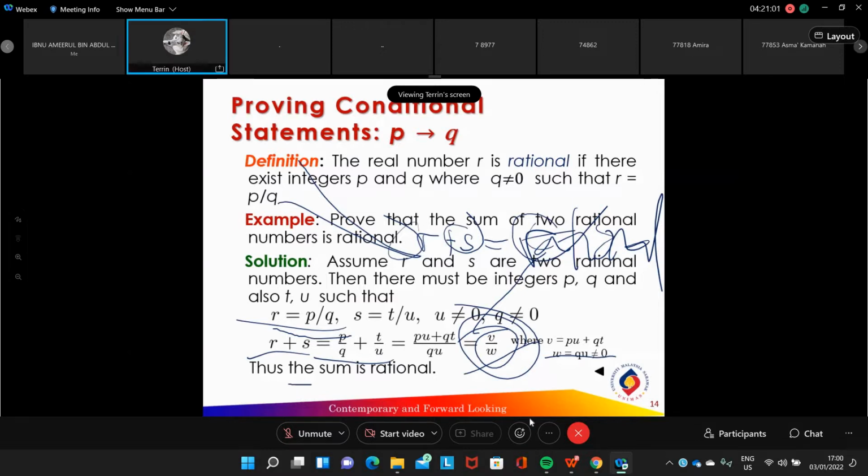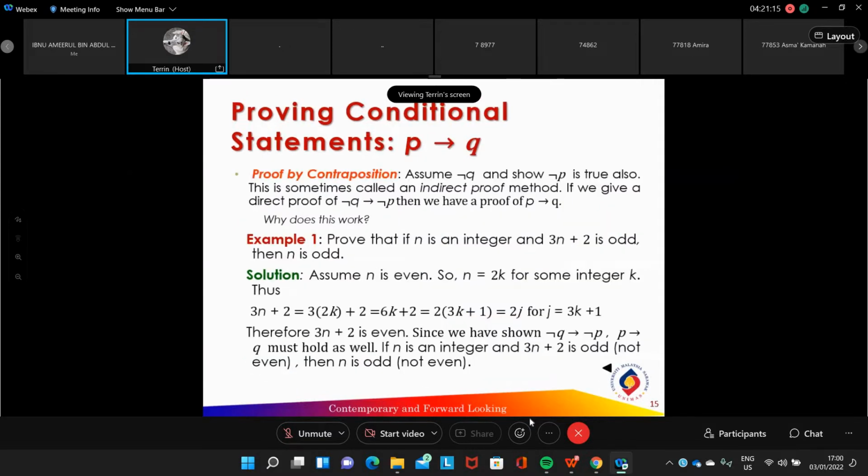By this representation. So a lot of questions will either be like the earlier case, you just work step by step, or you're having to introduce new variables or unknowns into your equation, and then you can go about proving it. So, proof by contraposition, like I said, is your indirect proof. And here we assume the negation of Q, and then we show negation of P. Why do you have to do that? Because in some instances, we cannot find how to go about proving for Q, because we're only assuming P is true.